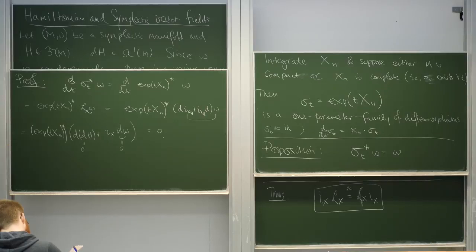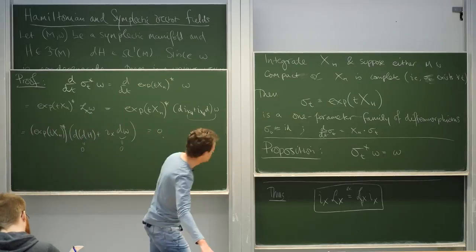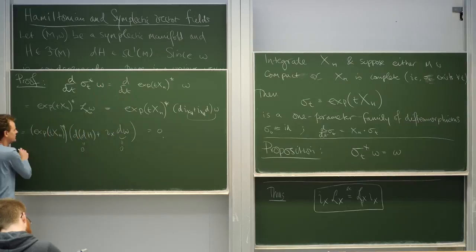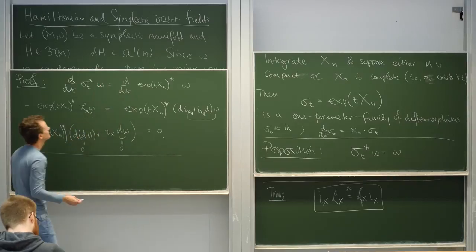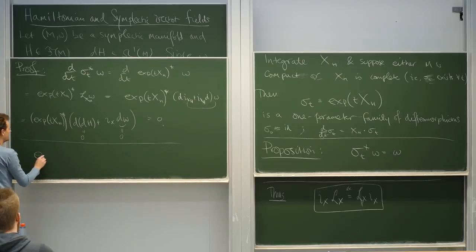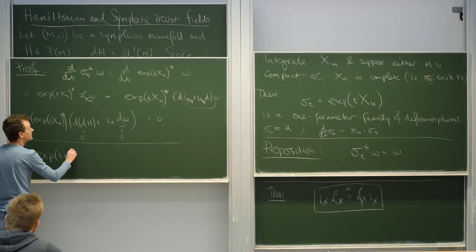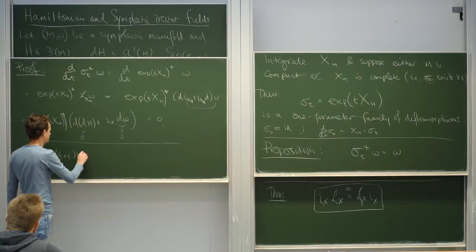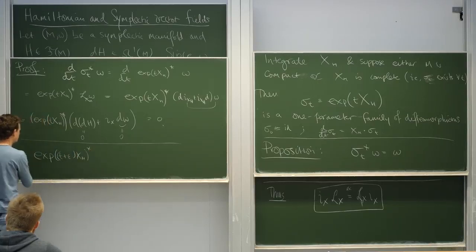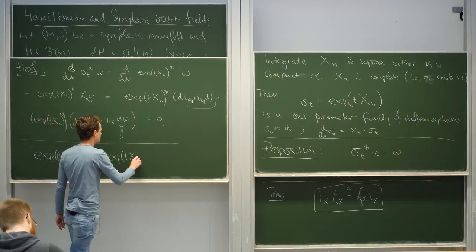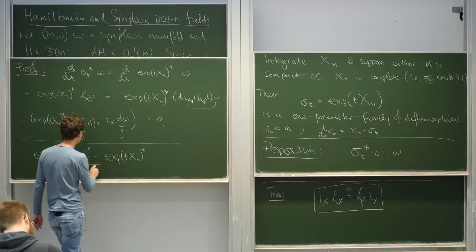Let me write this out then. Let's just use the definition of the derivative. So exp of t plus epsilon XH star minus exp of t XH star, divided by epsilon.